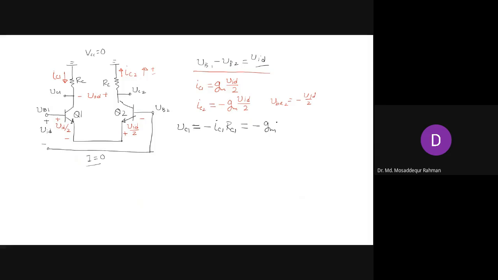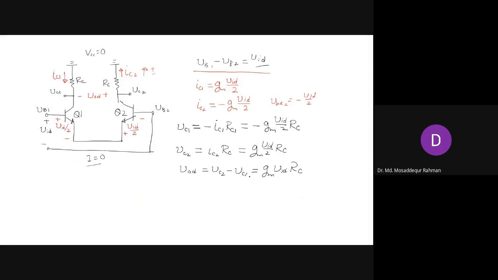You have minus GM VID by 2 times RC, and VC2 will be IC2 RC. In this case it will be plus because current is flowing down, right? So we have GM VID by 2 RC. And if you take the difference between these two, you get the differential output voltage, which is VC2 minus VC1, and that will be GM VID RC.